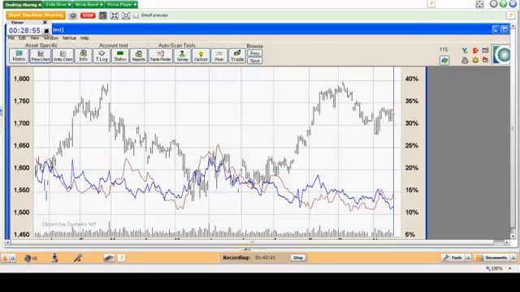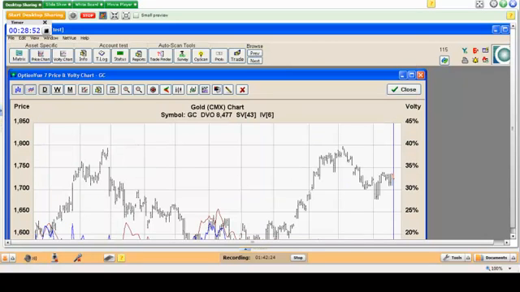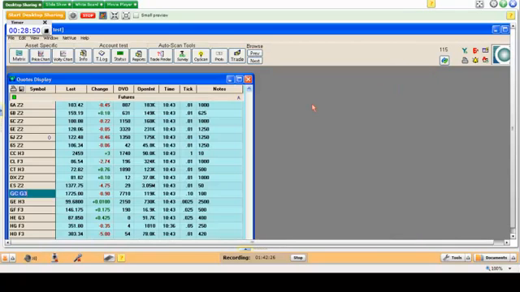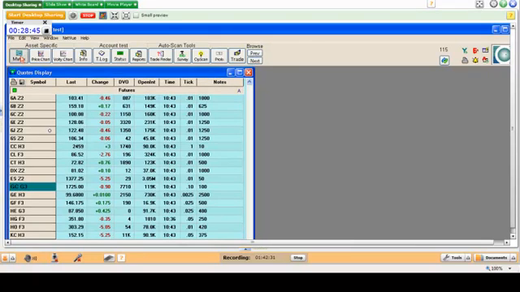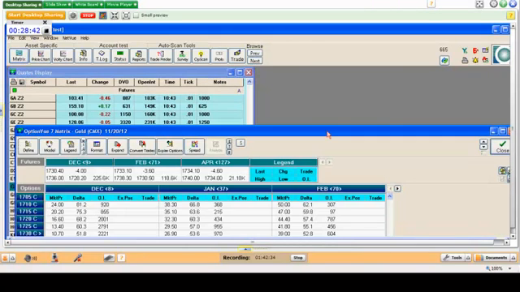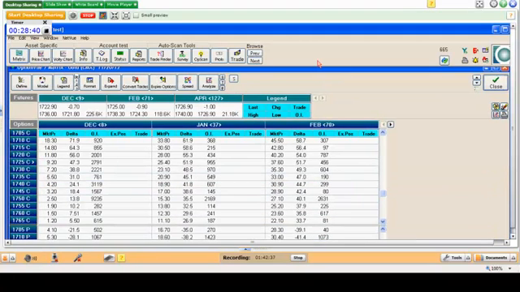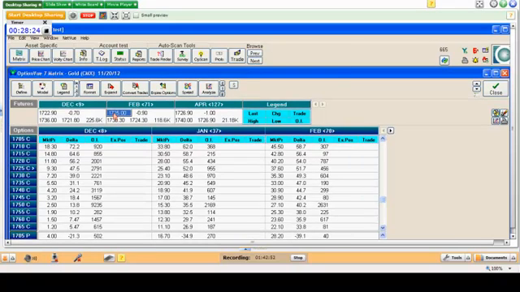So what we will do is go back to our matrix or our quotes display in OptionView, pull up the matrix, which shows us all of the various futures contract months along with the corresponding options and strike prices. And I'm going to create a position and talk you through it. We've got gold December or February futures trading at 1725.